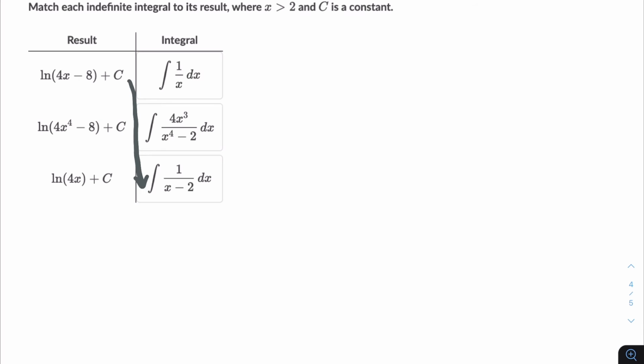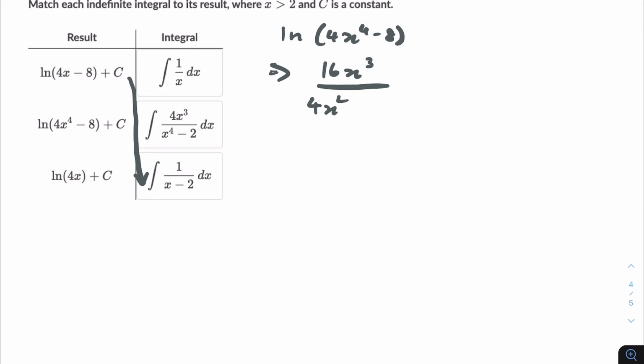Now let's do that for the next one. So we have ln 4x to the power 4 minus 8. And we have to find the differential. So 4x to the power 4 minus 8 differentiated gives you 16x cubed. Oh no, not minus anything, because it's just differentiating. So 16x cubed. You're dividing it by 4x to the power 4 minus 8.